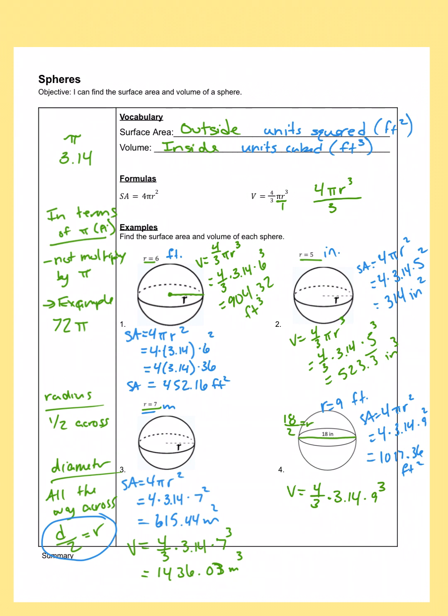I'm going to put it all in the calculator again. And let's see, we get 4 times 3.14 times 9 to the third. Divide that by 3. We get 3,052.08 exactly. And this was in feet, so that's feet to the third power.